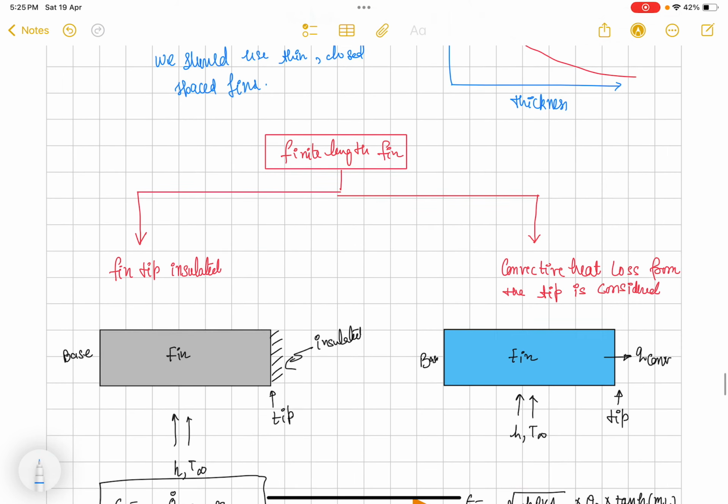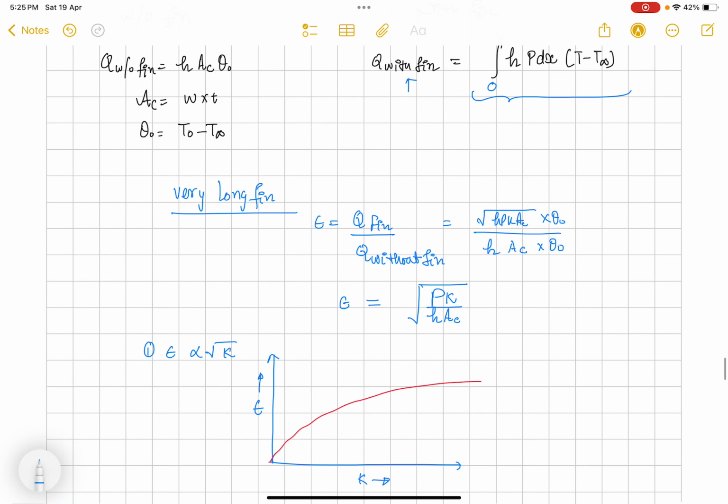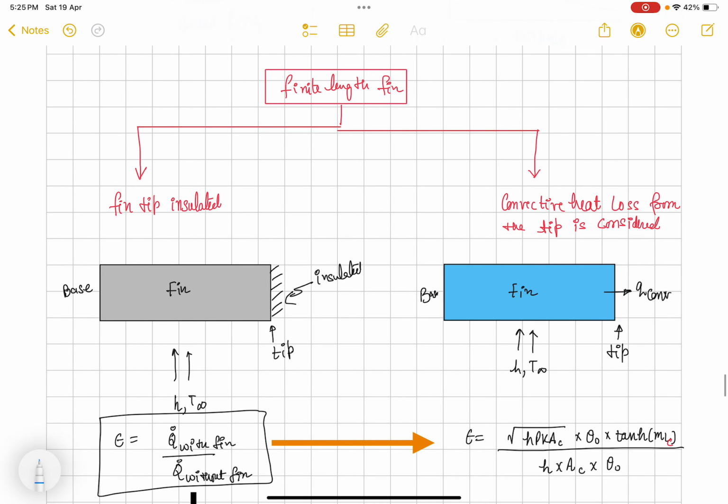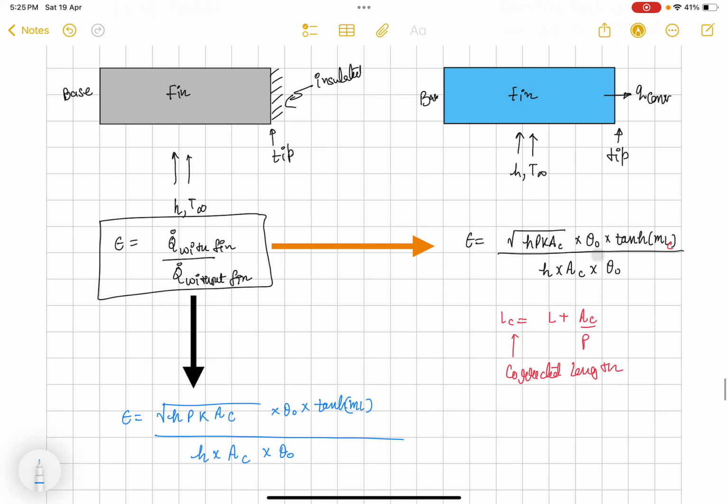All right, next we will talk about finite length fins. Right now we have looked at how to write the expression for the effectiveness for an infinitely long fin. But what about the finite length fin? The finite length fin also has two cases: fin tip is insulated and fin tip convection is considered. Again, the effectiveness is defined the same way: the ratio of heat transfer with fin and without fin.